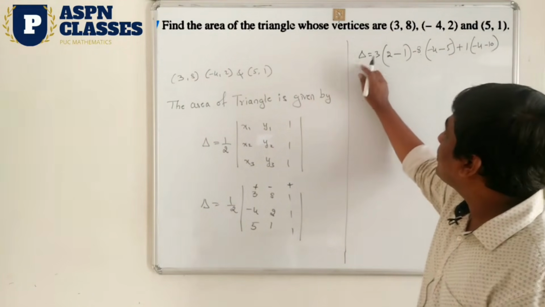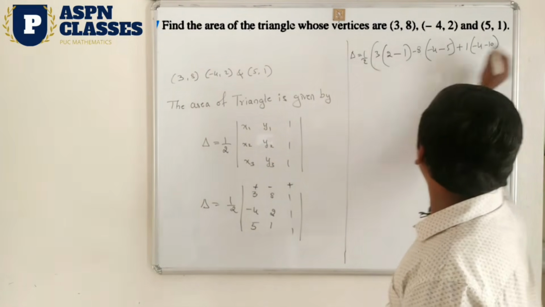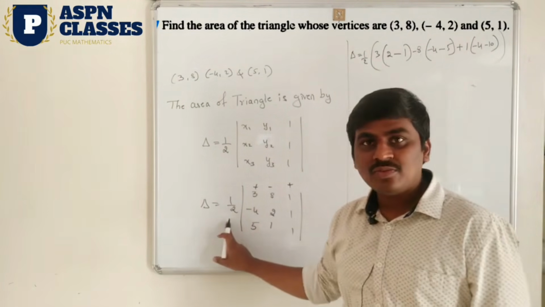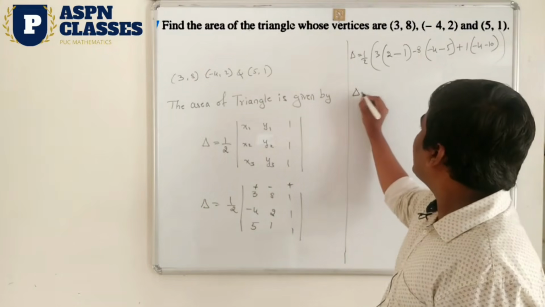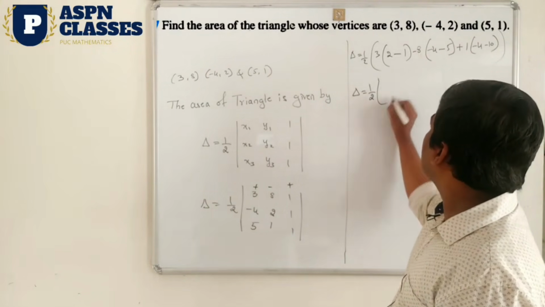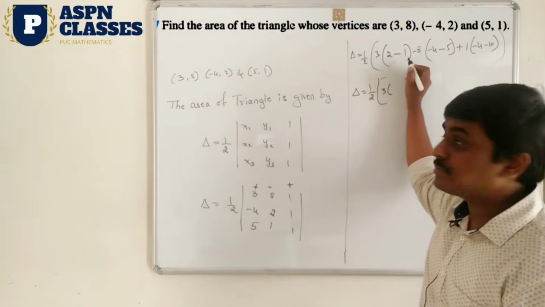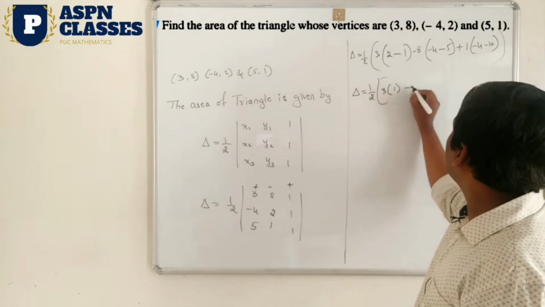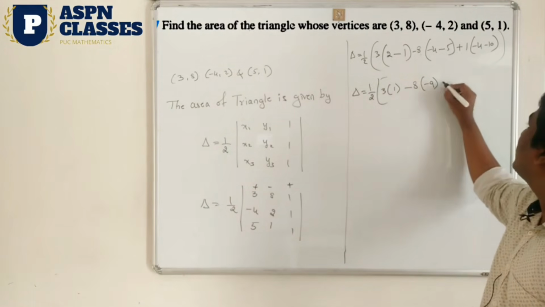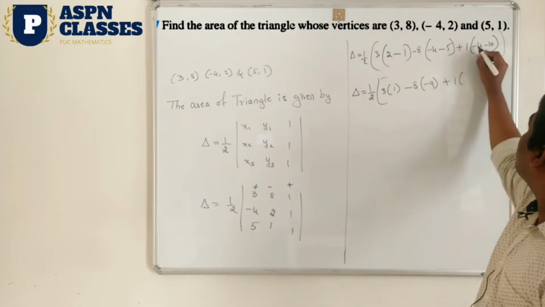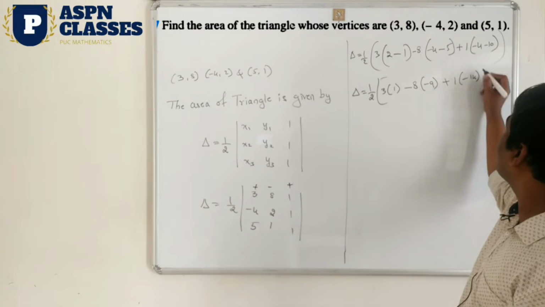Here you don't forget to write delta is equal to 1 by 2, always you have to write it. See, this 1 by 2 is already there, write it as it is, then write the simplification. Delta is equal to this 1 by 2 as it is. Now you have to write 3 into 2 minus 1, what is the answer? 1 is the answer, plus minus 8 into minus 4 minus 5 means minus 9, plus 1 into minus 4 and minus 10, minus 14.